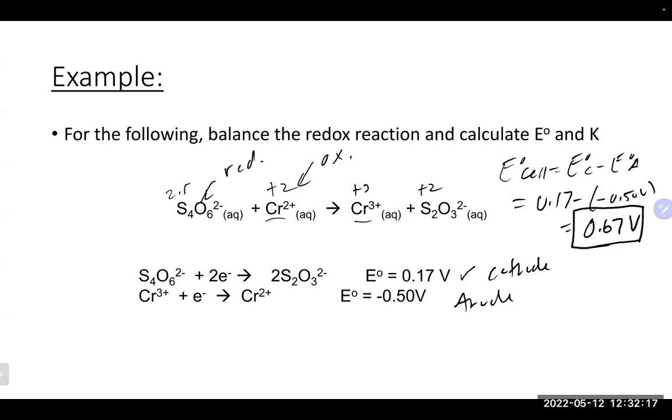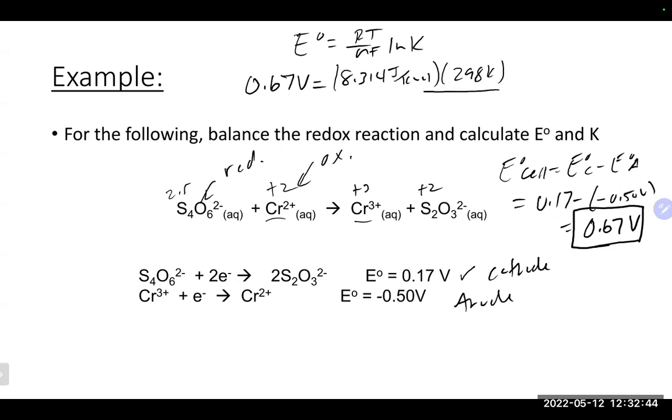Now that we have that, we can get to our equilibrium constant equation, which is RT over nF natural log of K, which does come from the Nernst equation, as we just talked about. At this point, we have 0.67 volts equals our 8.314, our temperature here, which would be 298.